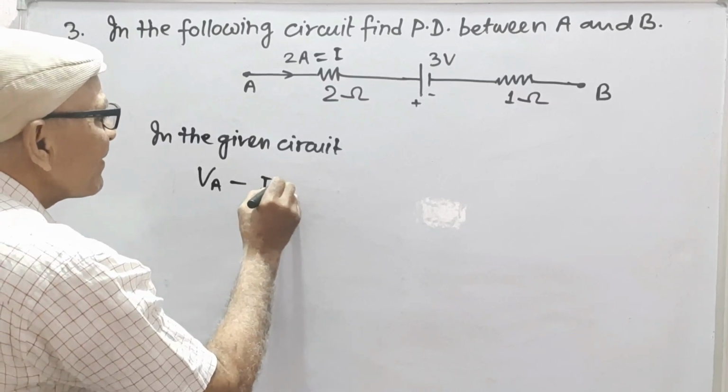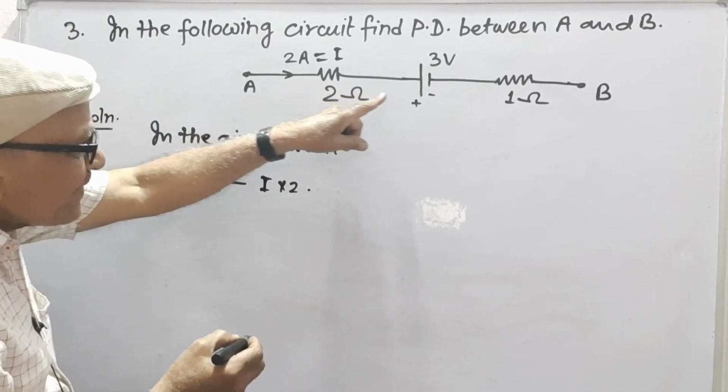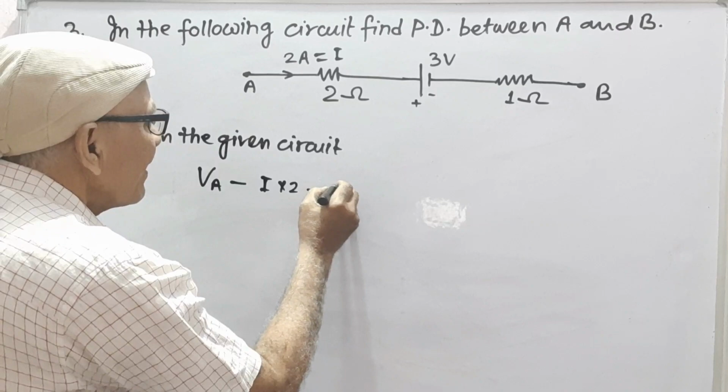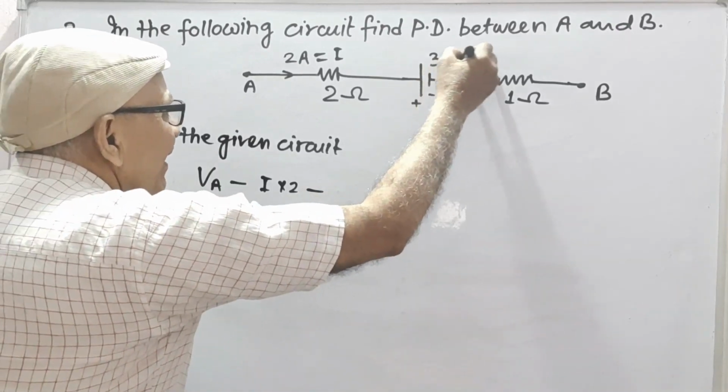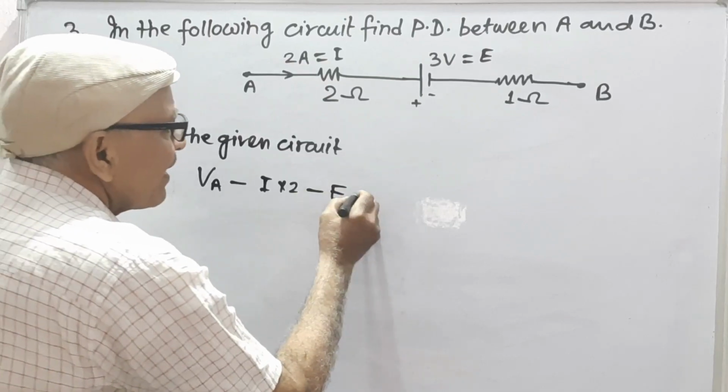I into 2, again current is entering the cell from positive to negative, therefore E will be taken negative.